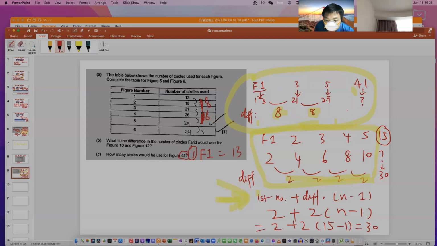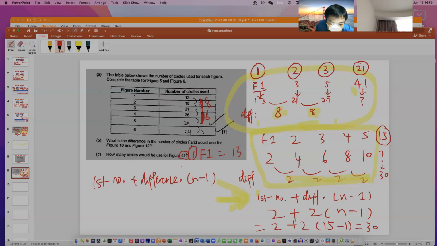So instead of making use of the figure number, I'm going to use the first odd number, second odd number, third odd number. Your job is to figure out which odd number figure 41 is, and it turns out to be the 21st odd number. So you make use of this formula, first number plus difference times n minus 1.